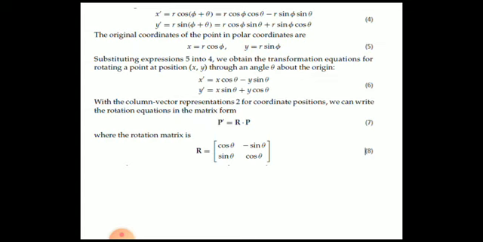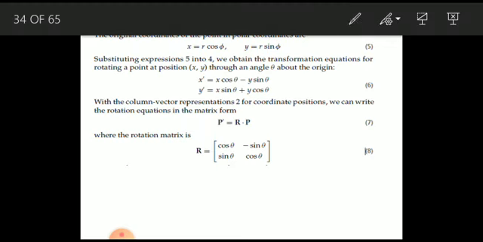And y dash is equal to r sin of phi plus theta, which is extended as r cos phi into sine theta plus r sin phi into cos theta. Now, how did we come to this conclusion of equation number 4?